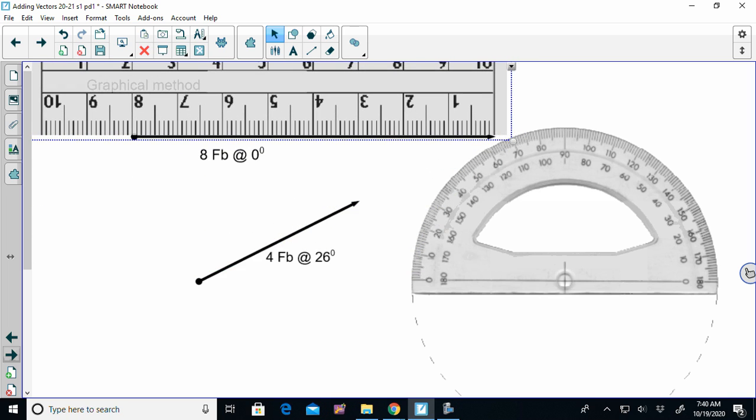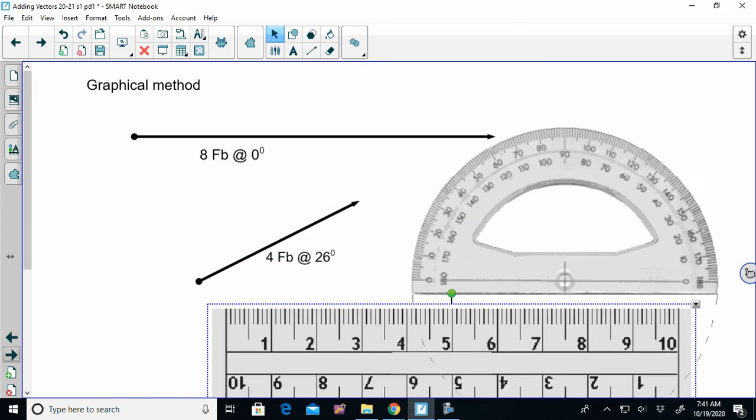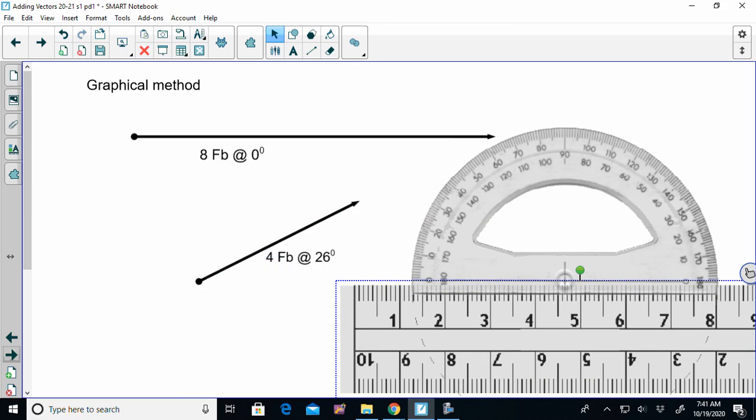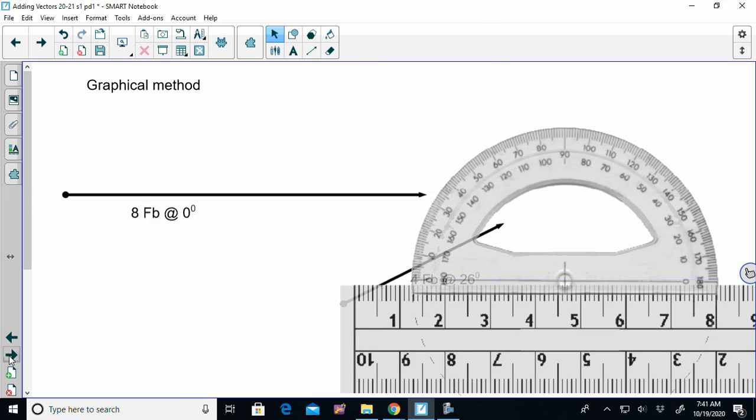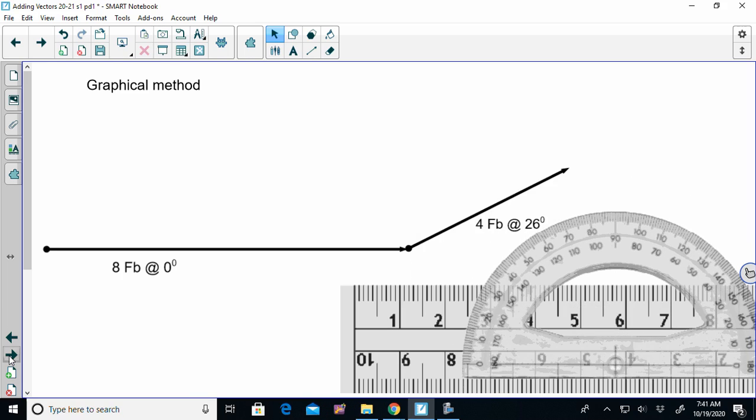And this one is 8 units at 0 degrees. To do it graphically, we're going to use the head to tail method. We're going to draw vector number 1 to scale. We're going to draw vector number 2 with the tail of vector number 2 at the head of vector number 1. So there we go.